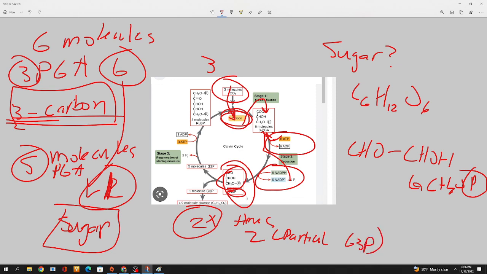And the reason that you're creating only 2 of them in total is because the cycle happens 2 times, and each time you create 6 PGA molecules right here.